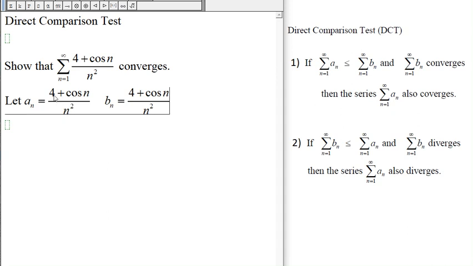In this case, notice that the cosine of any angle is always between -1 and 1.